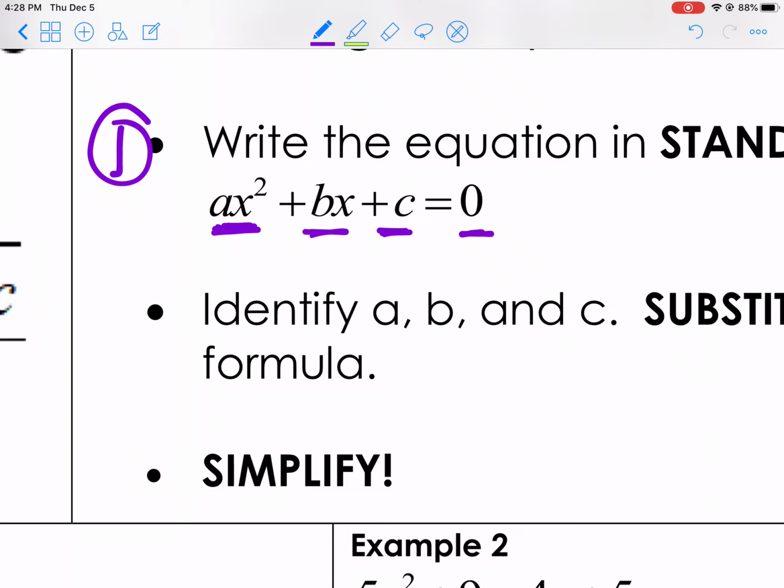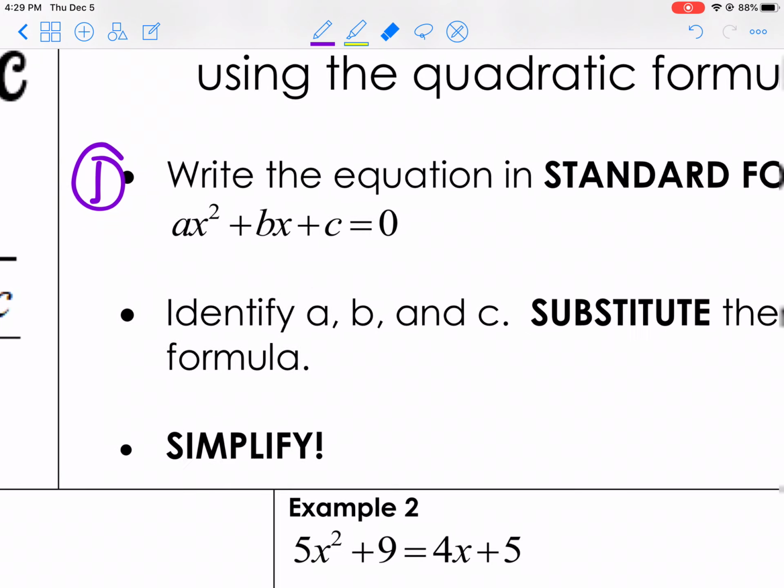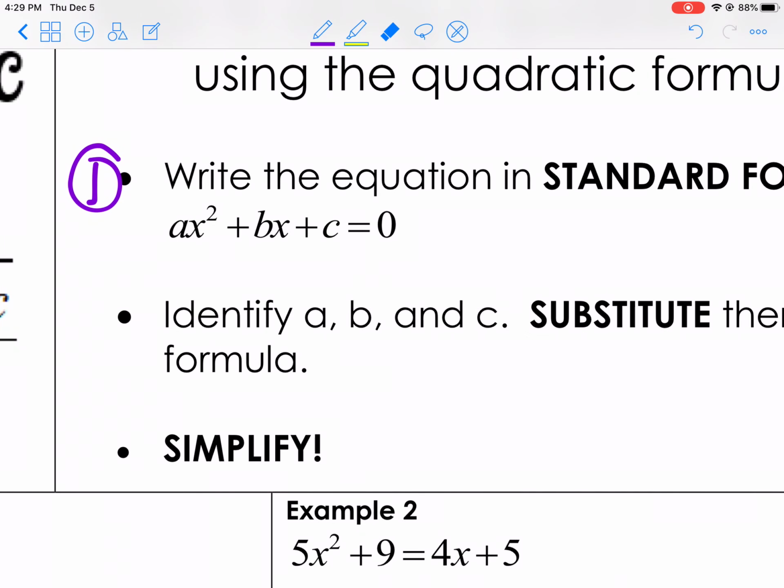Now it is possible that the b value or c value will be 0, so we've got to watch for those. But a must always be something other than 0, or we don't have a quadratic equation. So those are some things to pay attention to, but we want to first make sure that it's written in standard form. Step 1. Okay, step 2, identify the a, b, and c.